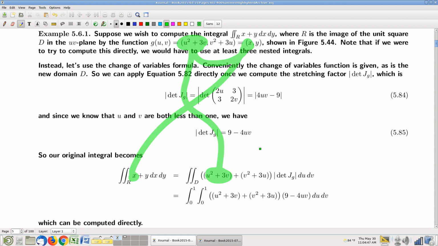It says in the g function how to rewrite x in terms of u and v. Okay. Likewise, y is v squared plus 3u. So again, that's just plugging in. No tricky curves there.